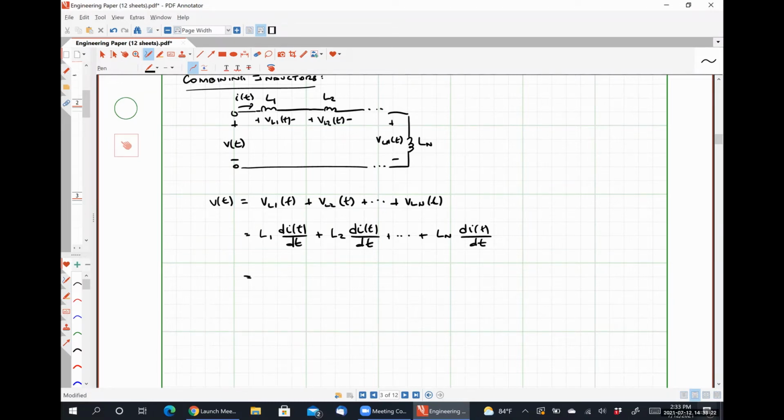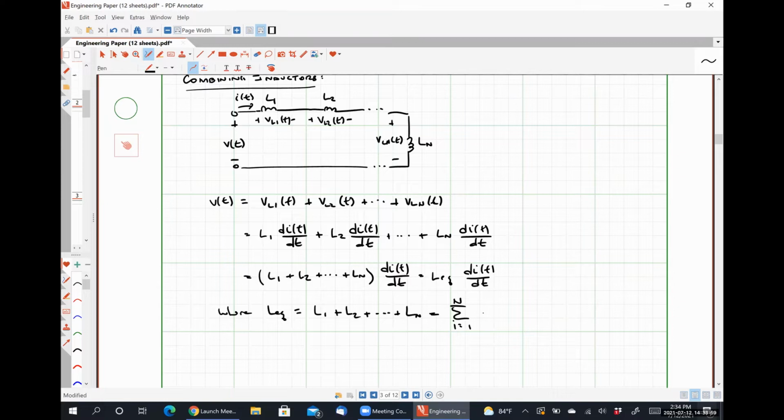So everything has a common factor of the derivative of the current. So that's going to look like L1 plus L2 plus Ln times di by dt, which we could say is Leq di by dt, where Leq, our equivalent inductance, is L1 plus L2 plus Ln, or simply the sum from i equals 1 to n of Li.